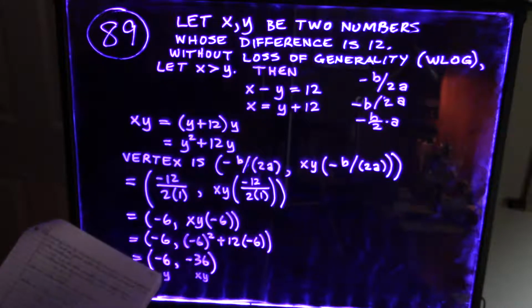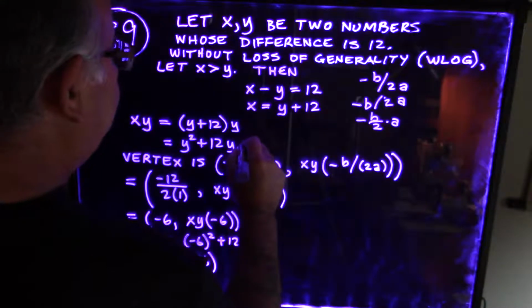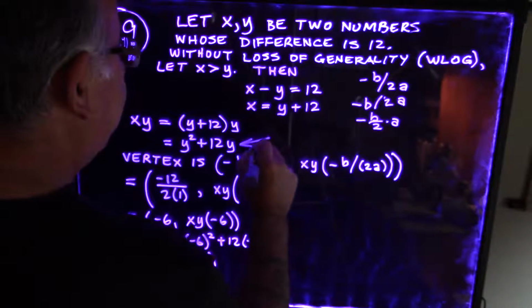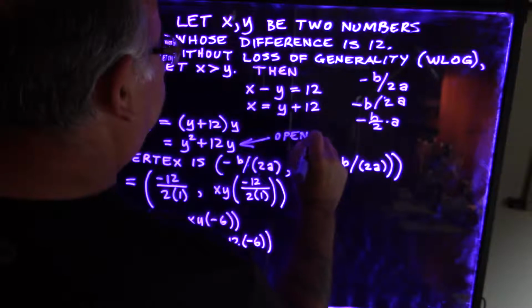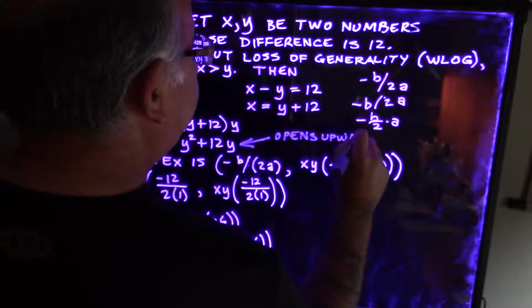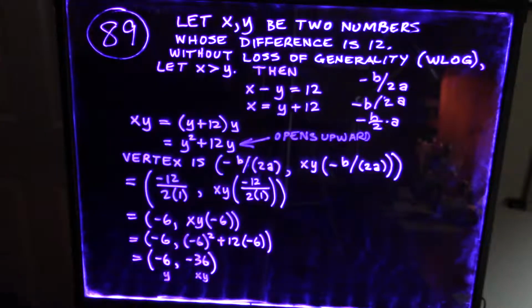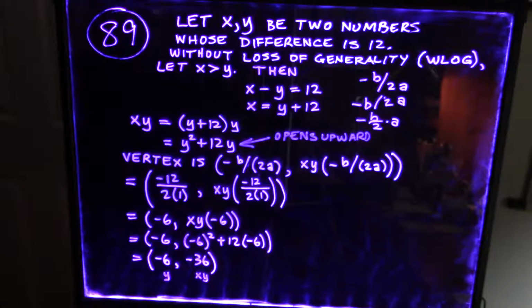So the parabola, how does it open? The parabola opens upward. So the vertex would be at the minimum point.